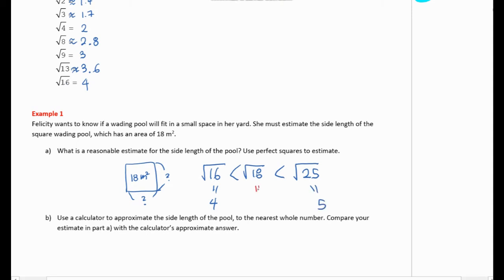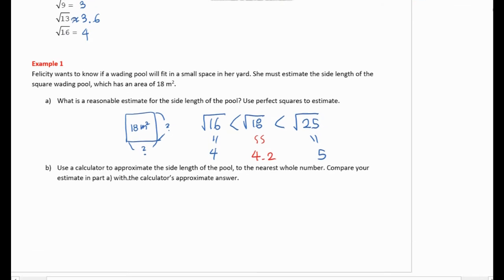And square root of 18, that is 4 point something. And everyone, square root of 18, is that closer to 16 or 25? That's closer to 16, closer to 4. Is that right? So we say, well, it's roughly about 4.2.